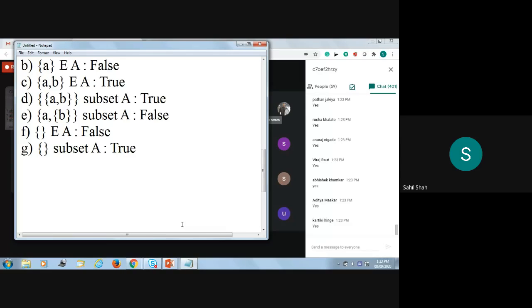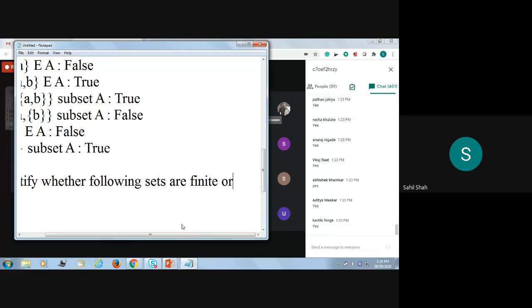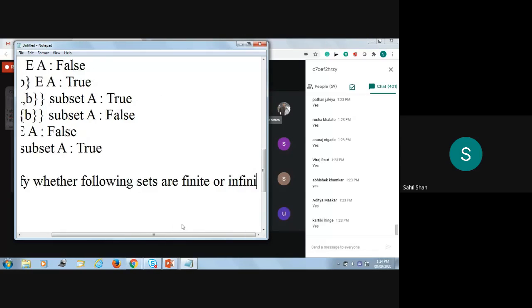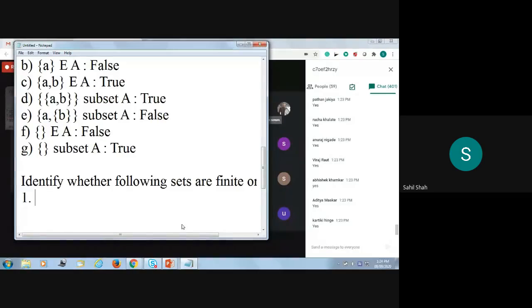Next one is: identify whether the following sets are finite or infinite. You have to tell me along with cardinality values if any.